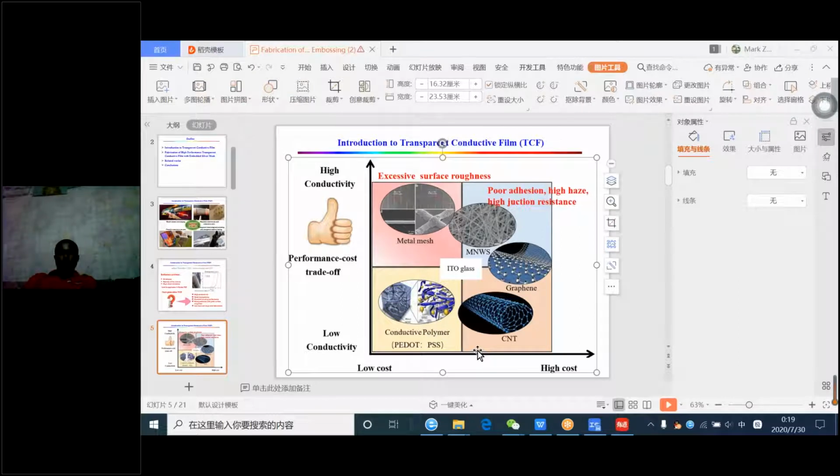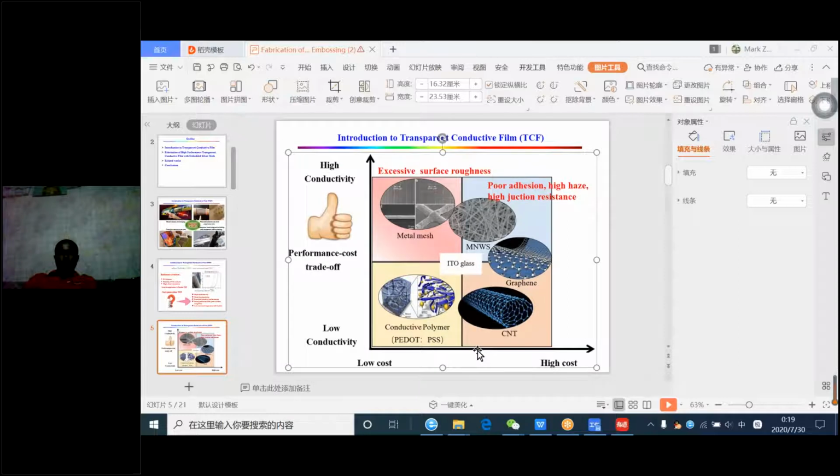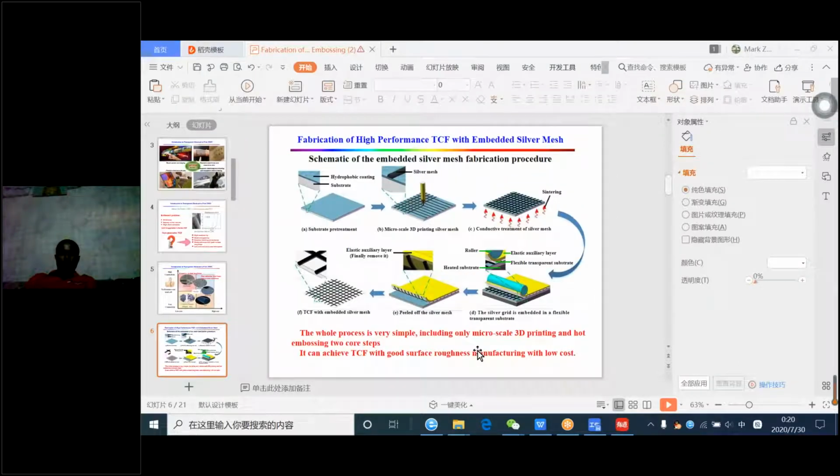Based on these problems mentioned above, we proposed a simple and low-cost fabrication method of the high-performance TCF with embedded silver meshes. Firstly, the silver meshes are directly printed on the surface.